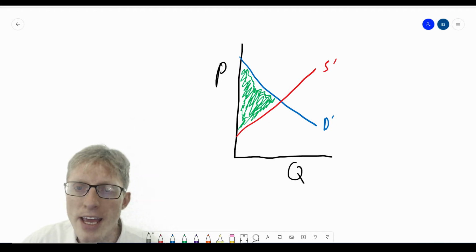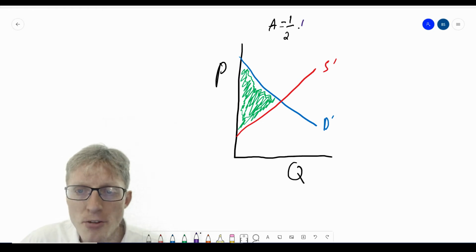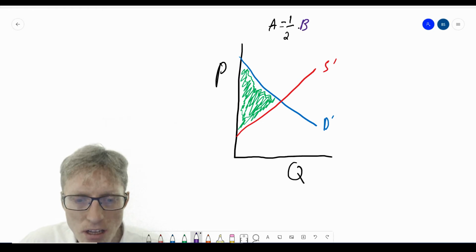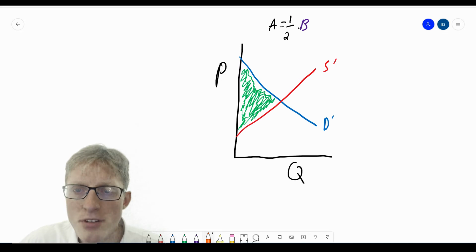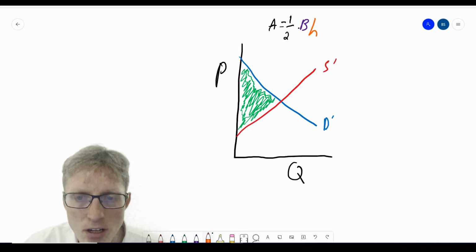The area of a triangle is simply equal to 1/2 times the base of the triangle, times the height of the triangle. It's basically, you know, the triangle along one dimension, the triangle along the other dimension.